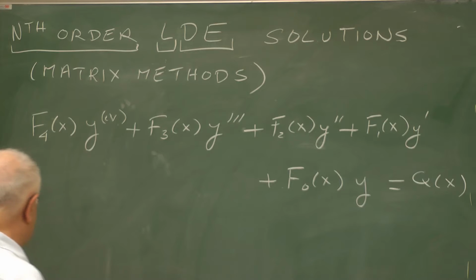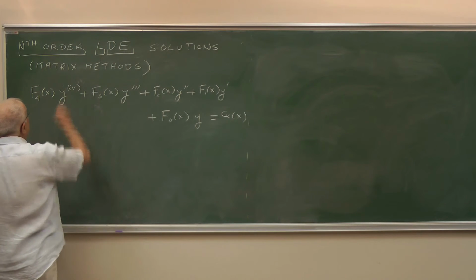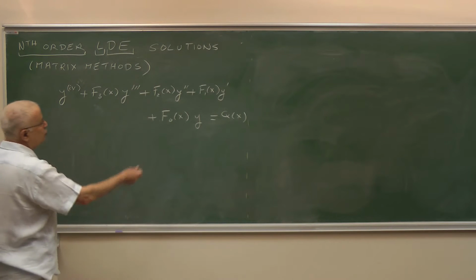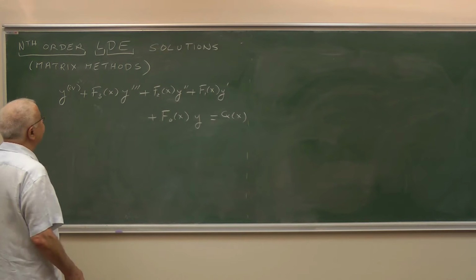Without loss of generality, we can always take the coefficient of the highest derivative to be 1. Then this is the so-called standard form.